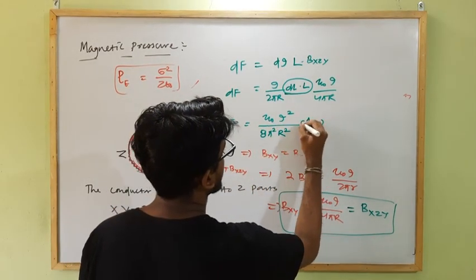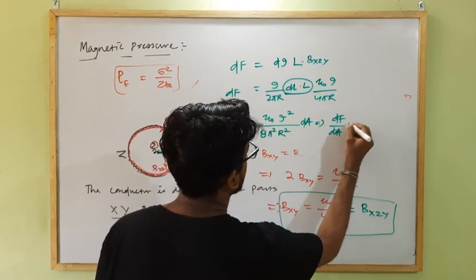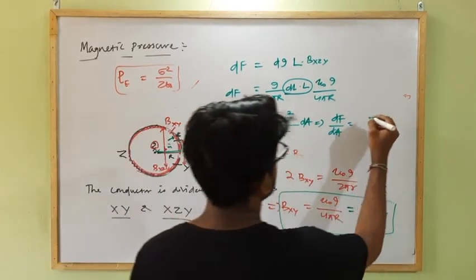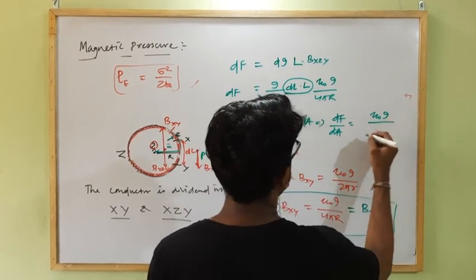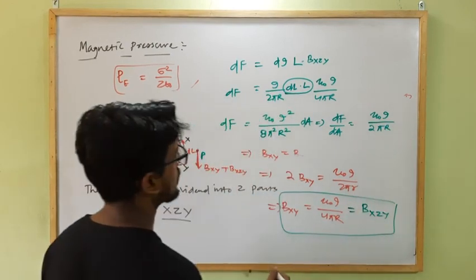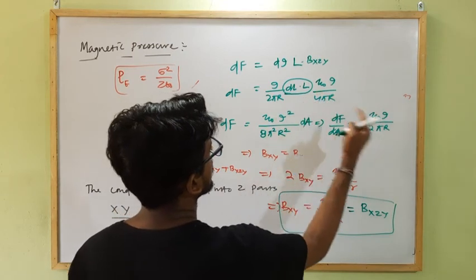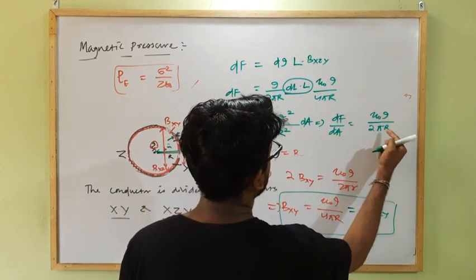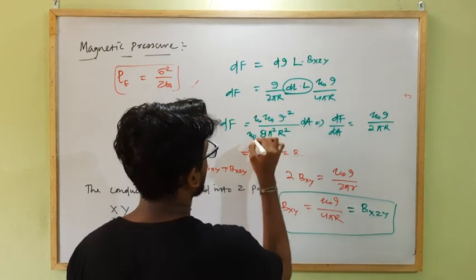So dA. So dF by dA will be the pressure, which can be written as mu naught I divided by 2 pi r. Mu naught I, sorry, the mu naught I divided by 2 pi r. I am here multiplying a mu naught and dividing a mu naught. So it will be mu naught square.